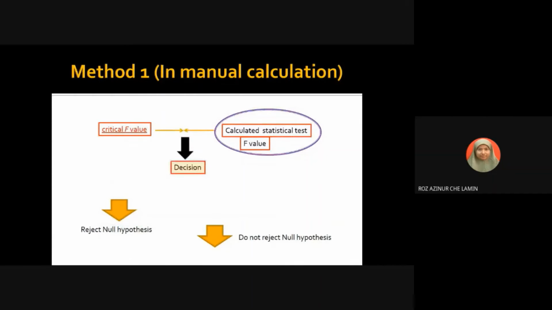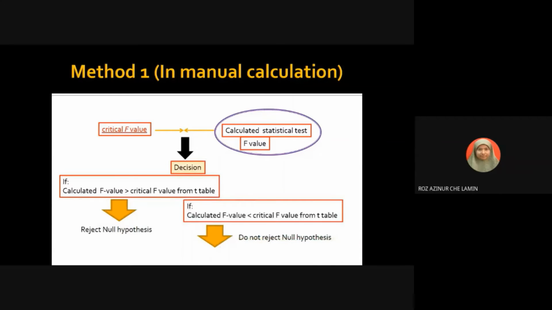If you do the calculation manually, are you going to reject or not? If your calculated F value is more than the critical F value, you have to reject the null hypothesis.